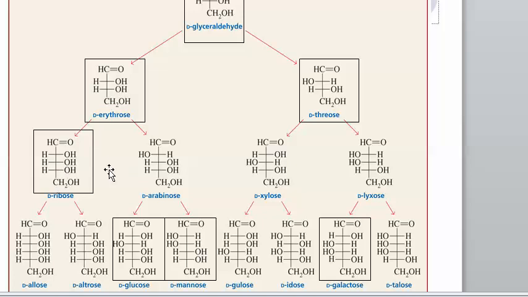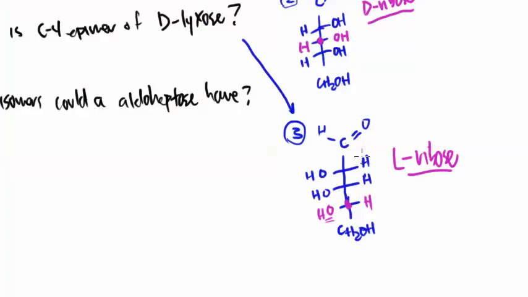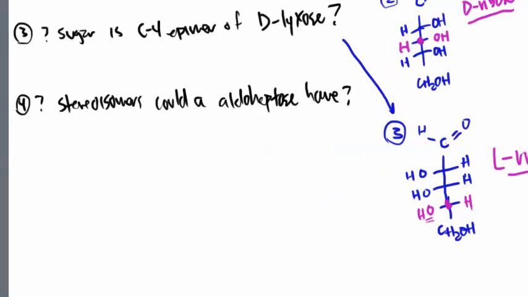You would have taken the mirror image, just like we did in the first example. All of the OHs and Hs switch places, and that would force all of the OHs on the left-hand side. So once again, look at your OH groups. They're all together on one side of the structure, and that makes it ribose. And this OH group down here below is to the left, so therefore it's the L version of the sugar.